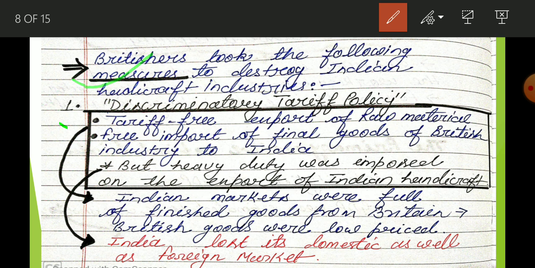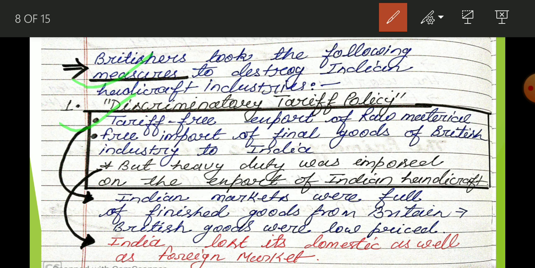First is the discriminatory tariff policy. What is the discriminatory tariff policy? It is the policy in which they allowed free export of raw material. When British traders came to India, they purchased raw material from here and returned to their country.